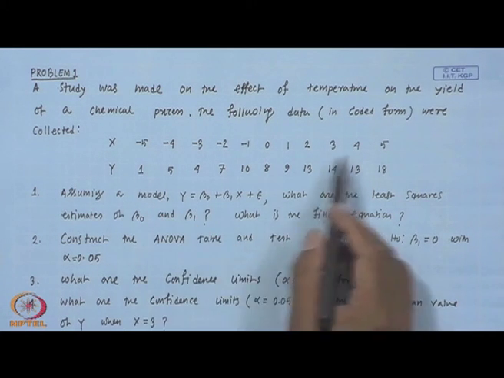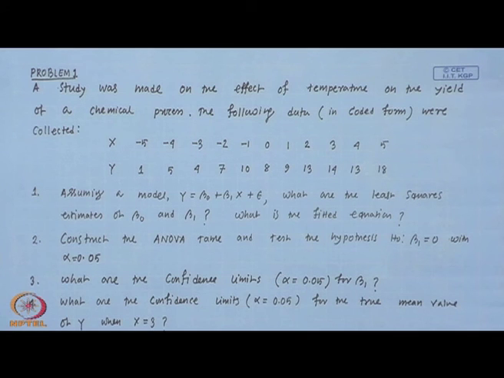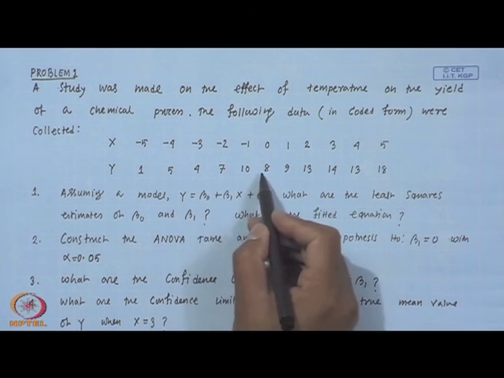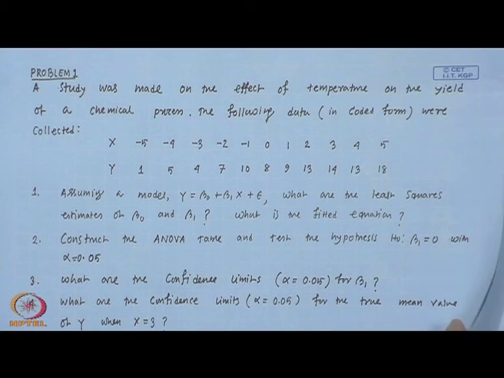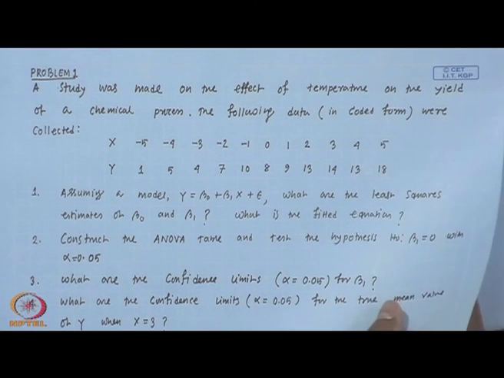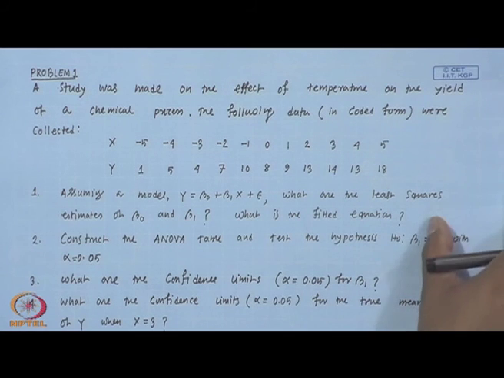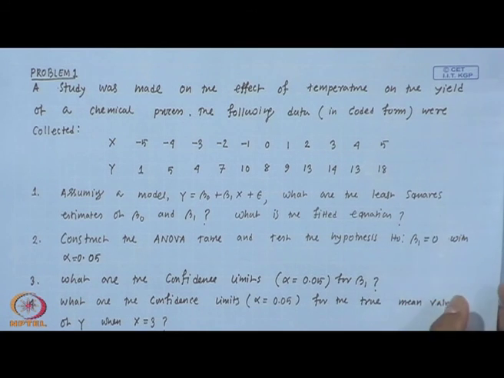So, we are given these observations x I, y I for I equal to 1 to 11, and first we will be fitting a simple linear regression model using the least square technique.